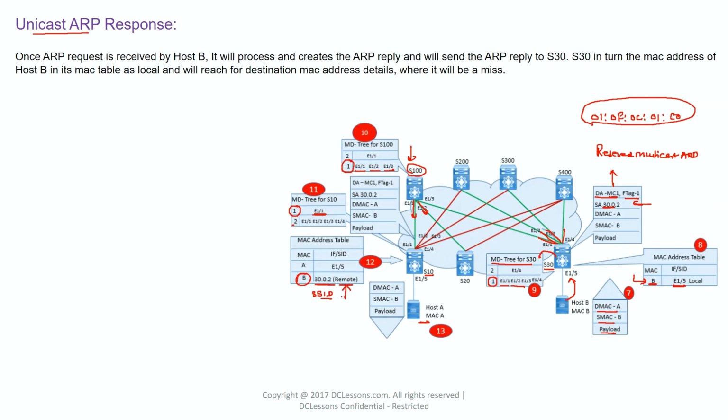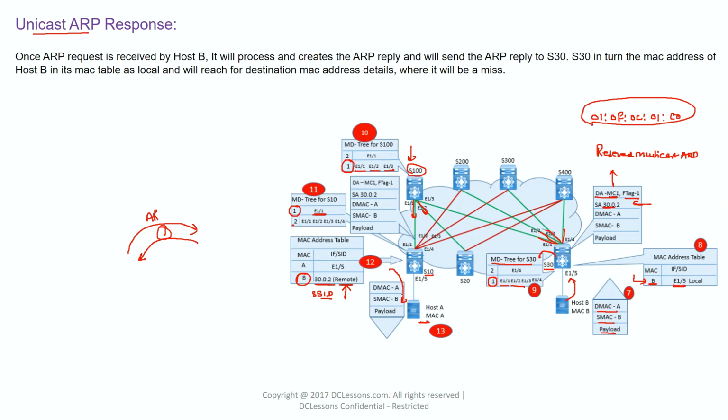It will be tagged as remote because this flow has completed bidirectional communication: the ARP request has been sent, and for that, the ARP reply has been sent. So one bidirectional communication has been achieved. As per conversational MAC address learning, host B MAC address is learned on switch 10, and then the packet is decapsulated and forwarded to host A.